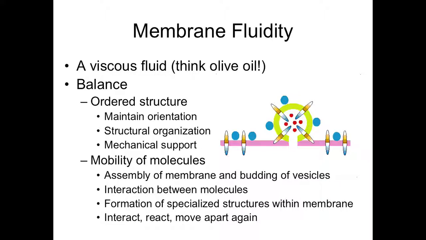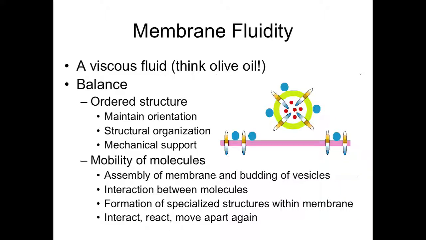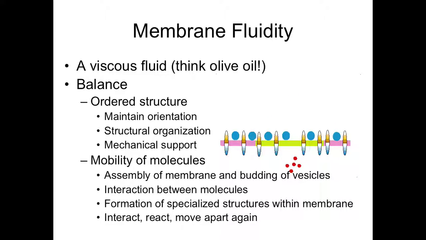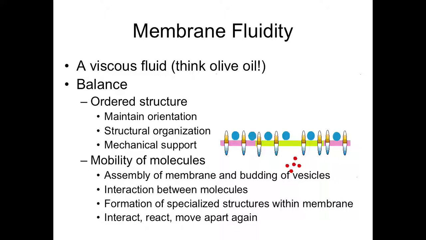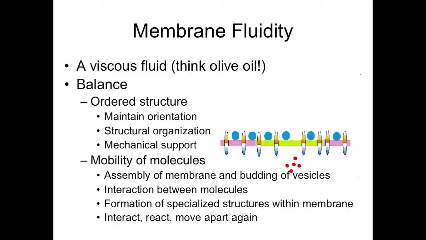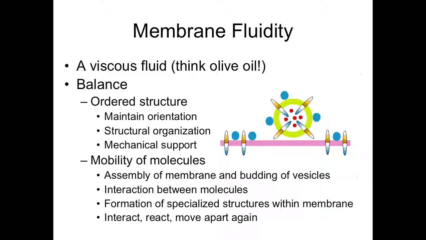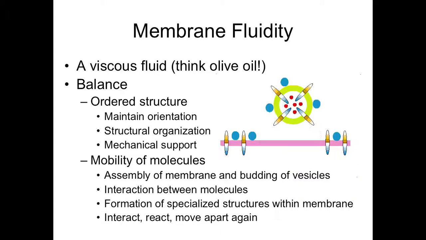Now, the fluidity of the membrane is really important because it allows the proper distribution of molecules through the cell. So it allows cell growth. It needs to be viscous enough that the inside of the cell doesn't go outside or vice versa.